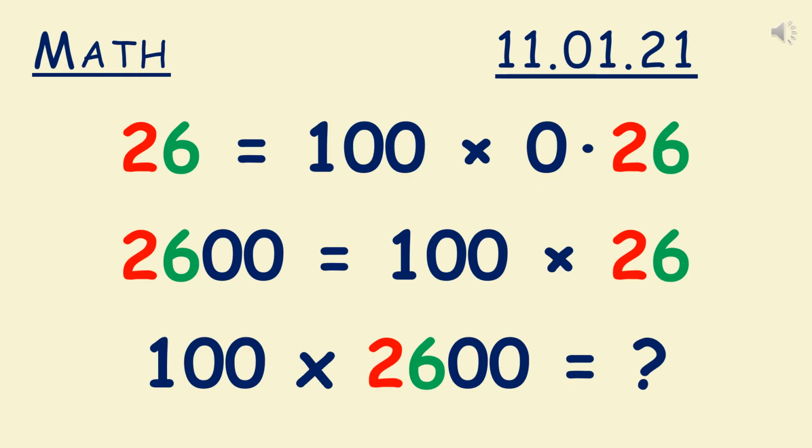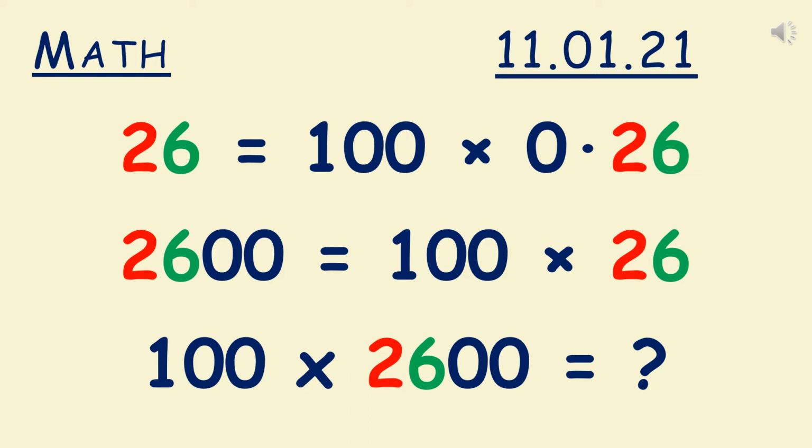When looking at the relationship between these three numbers, we know that 26 is 100 times 0.26 and that 2600 is equal to 100 times 26. Using this information, can you tell me what 100 times 2600 is?